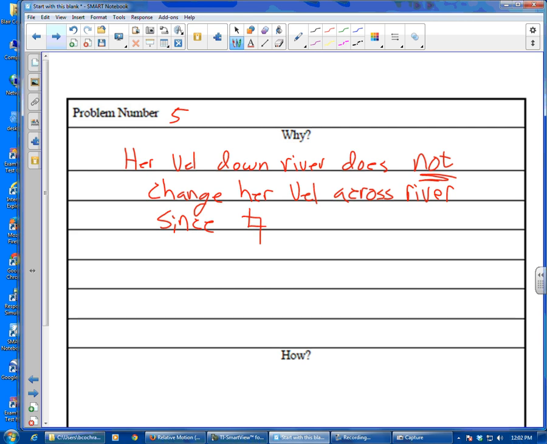So then I would probably do a vector diagram here also. I'd have my river, happy little river. She's swimming this way: the velocity of the swimmer relative to the water. I'd add to that the velocity of the water relative to the bank, and I would get the velocity of the swimmer relative to the bank.